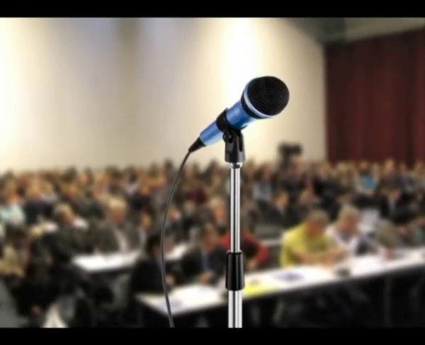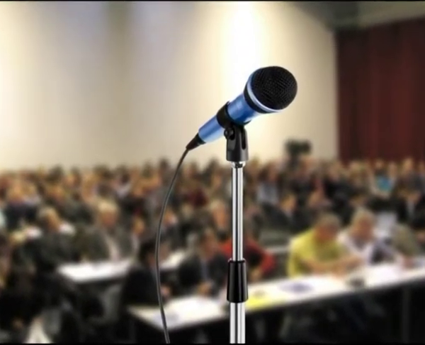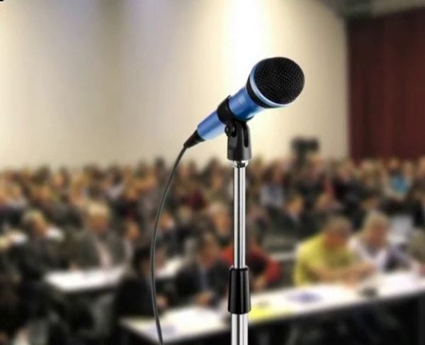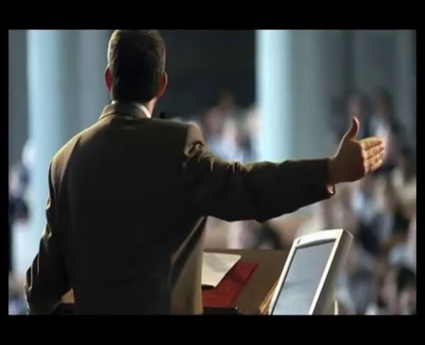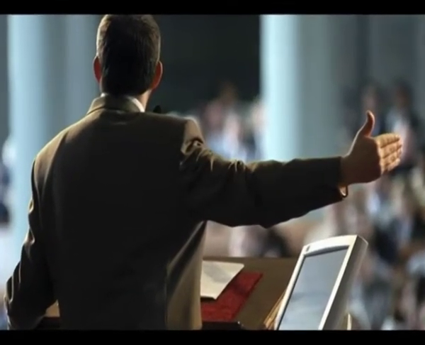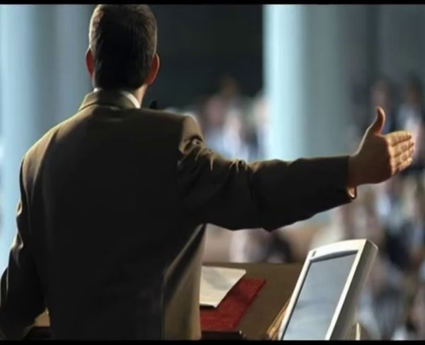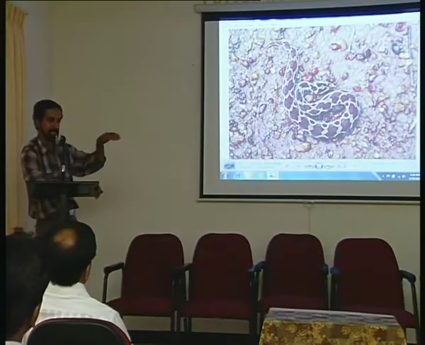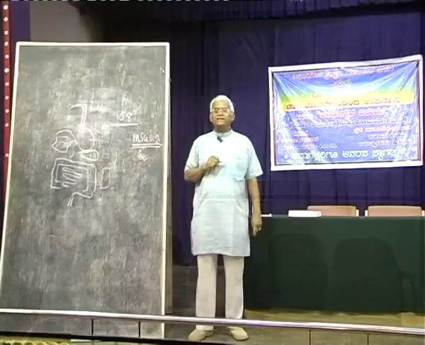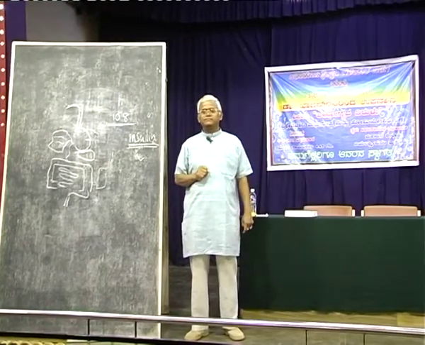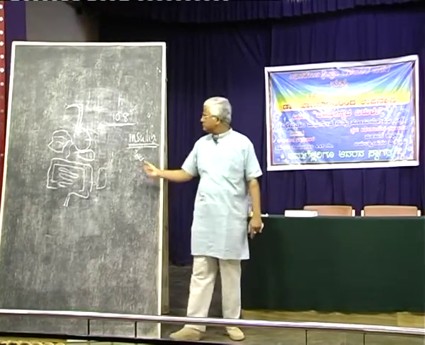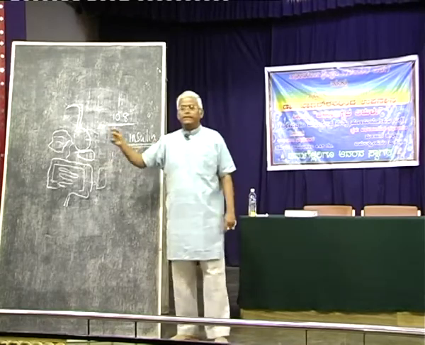Voice modulation and articulation, which is important for presentation, is about 38%. Body language is 55%. So it is important that we need to take all these factors into consideration. We think only verbal content is important, but the role of verbal content is only 7%.